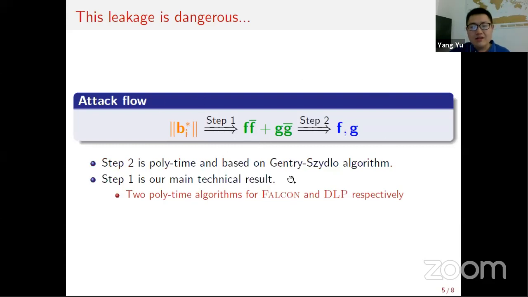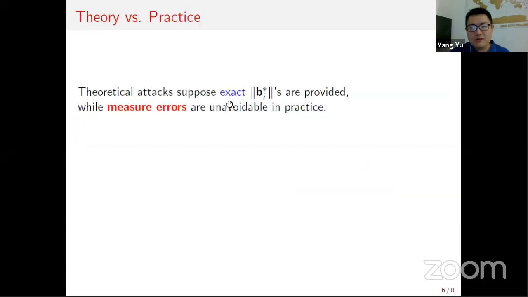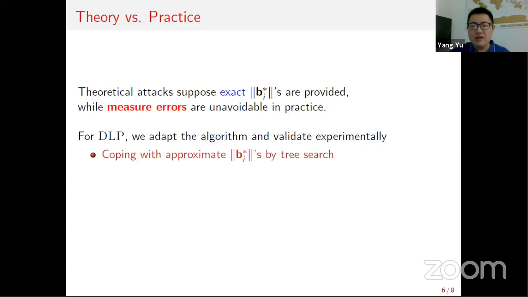But this algorithm is theoretical because it supposes exact Gram-Schmidt norms are provided. However, in practice, we must take into account the measure error on the Gram-Schmidt norm leakage. For the case of DLP, we can indeed adapt the previous algorithm to the noisy input, and we validate it experimentally.